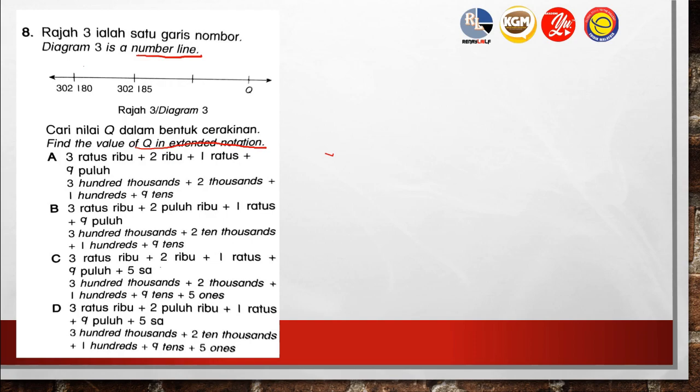But before that, we need to know the difference from one number to the next. To find the difference, you use the second number minus the first number. It is actually 5. That means every time it goes to the next number, it is plus 5.